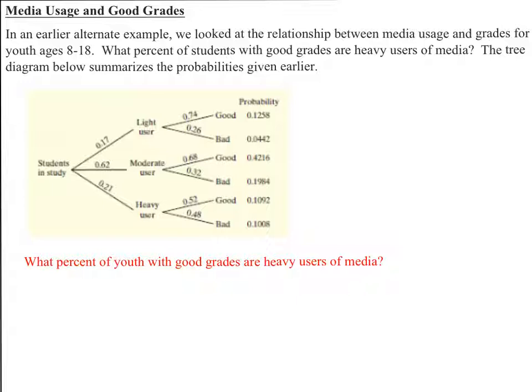Here's another one from a tree diagram, same context that we saw in day one. Here's what it's asking. Here's my condition. It said good grades. So that's what I'm after.